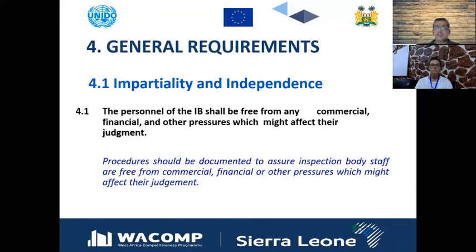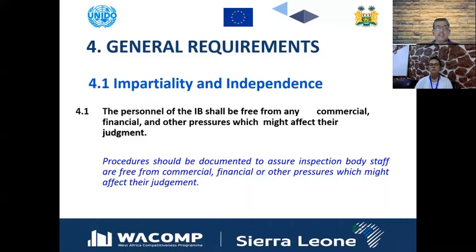So this would not be an impartial inspection body, because you can influence the decision of this inspection body. Chances are that the inspection body would compromise its impartiality, its independence, and its decision making capability.